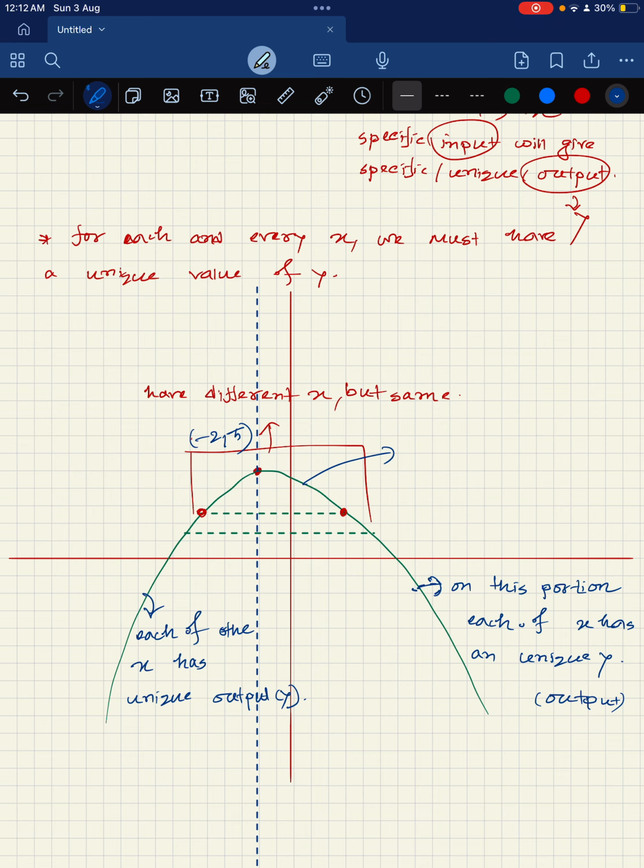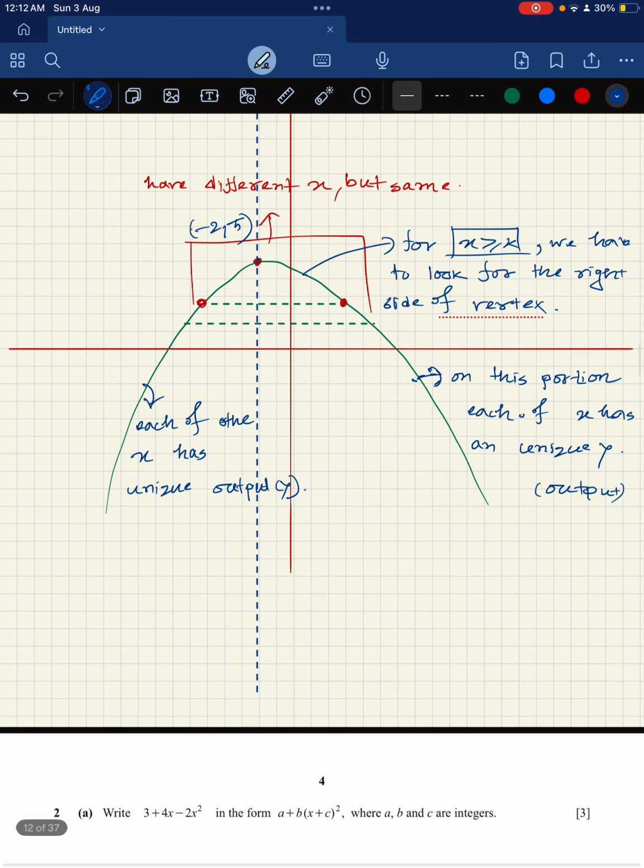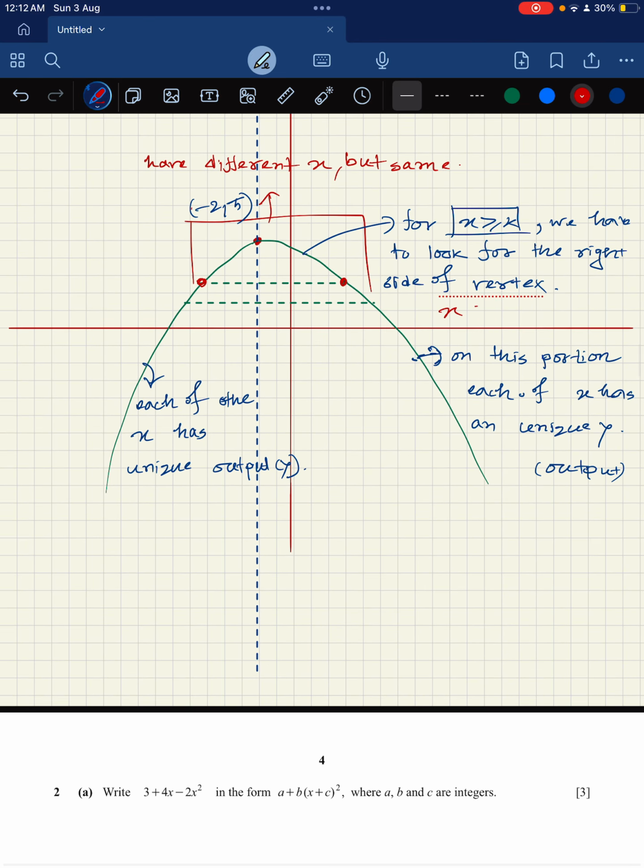So for x greater than k, we have to look at the right side of the vertex. That means x is greater than negative 2.